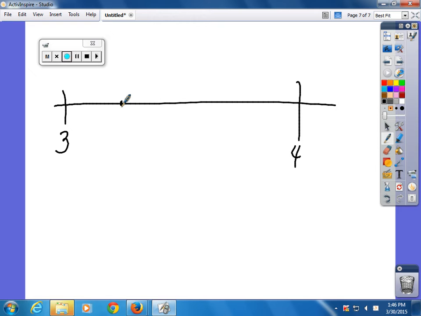Let's say this is 3.5. That's 3.2. All right? So 3.1 is right about here.